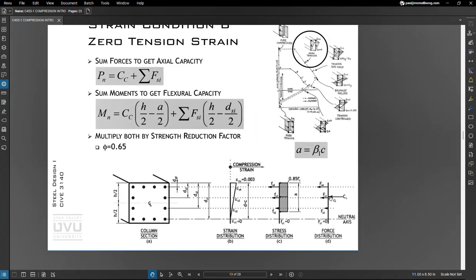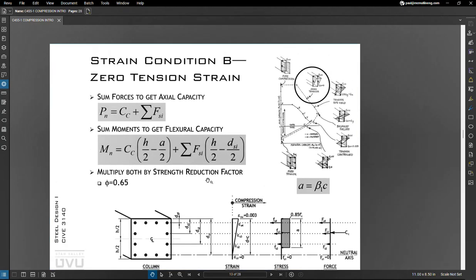So we're summing moments about the center line of this member, and just taking whatever forces we have times their moment arm to get the nominal capacity. And then we multiply by our strength reduction factor, which in this case is 0.65.